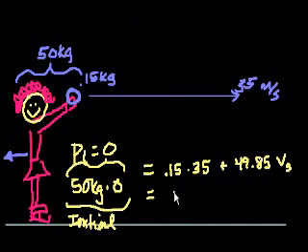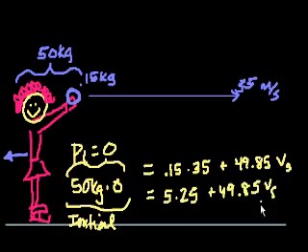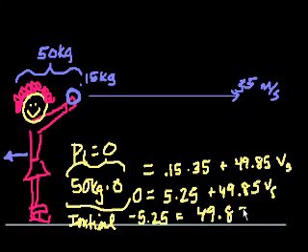So 5.25 plus 49.85 times the skater's final velocity, and of course this equals 0 because the initial momentum was 0. Let's subtract 5.25 from both sides, and then the equation becomes minus 5.25 is equal to 49.85 times the velocity of the skater.